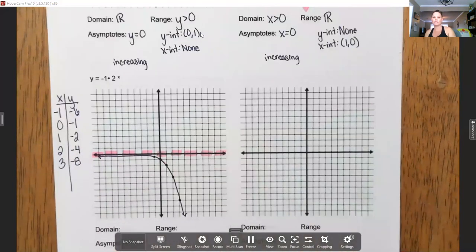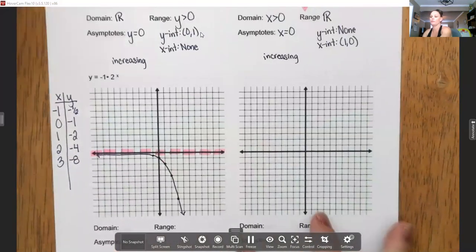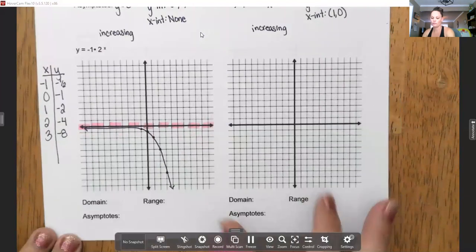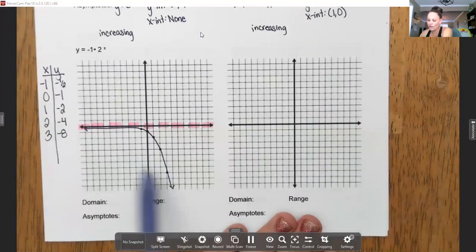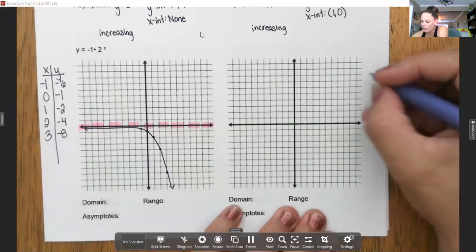And I still have an asymptote there. I didn't label all of the individual points because I had them in the table.